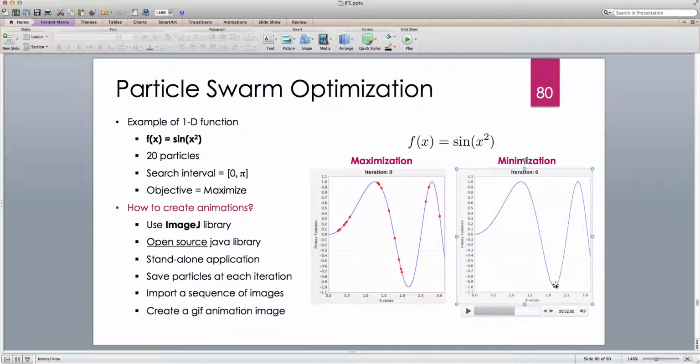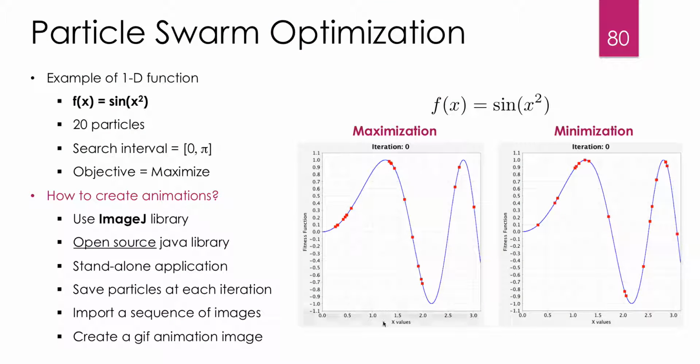Iteration 6, the convergence is complete. All of the particles are at one location, and no change will happen after iteration 6. Okay, so let's play the movie. Let's go again, and I'm going to also go full screen to play the movie.